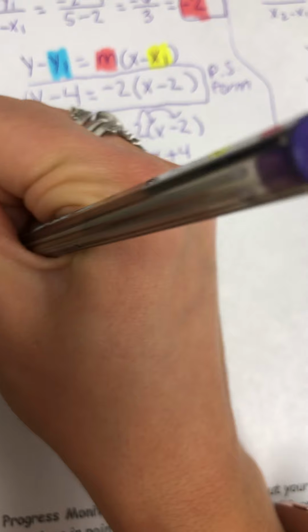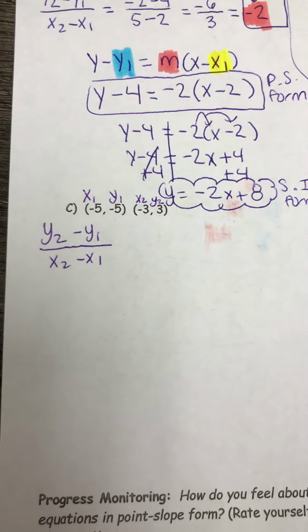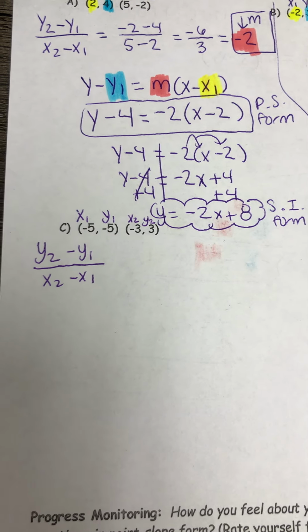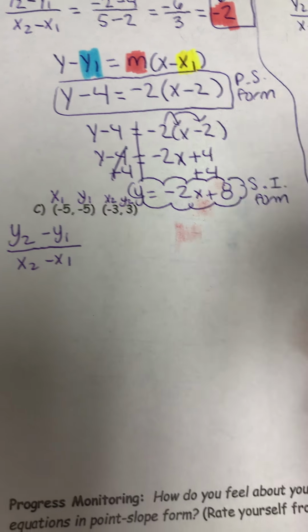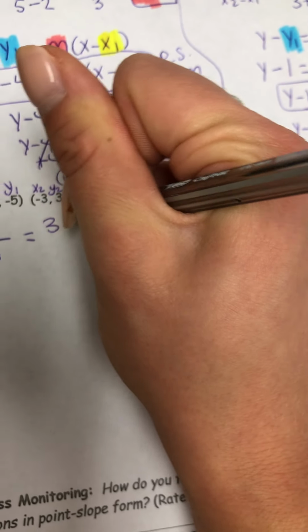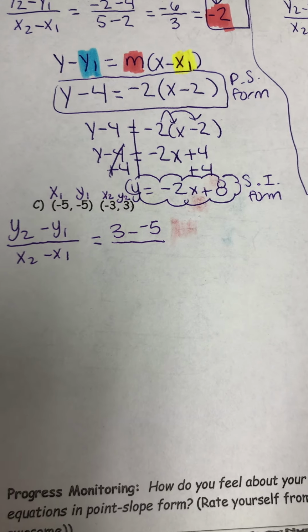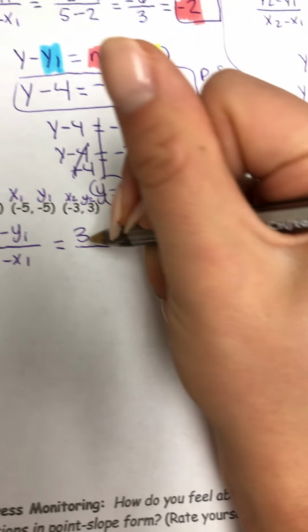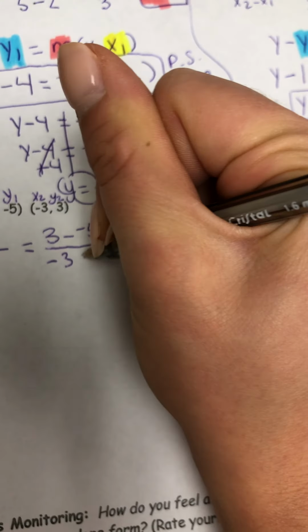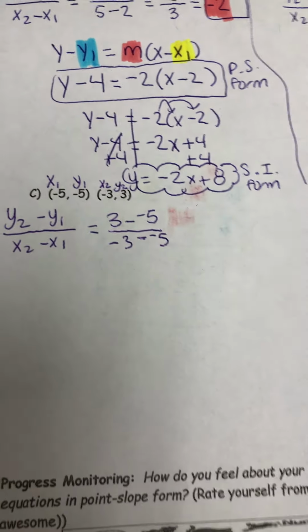Slope is change of y over change in x, so it's y2 minus y1 over x2 minus x1. y2 is 3, y1 is -5, so I have 3 minus -5. x2 is -3, x1 is -5, so I have -3 minus -5.